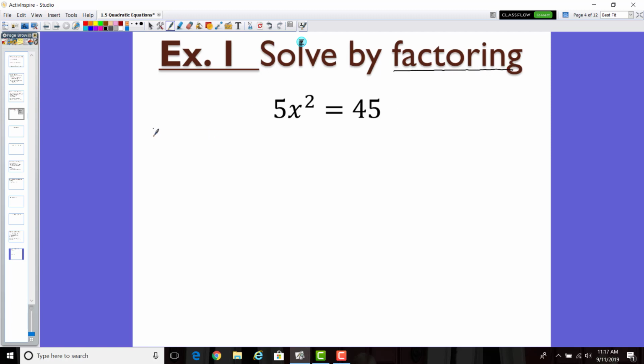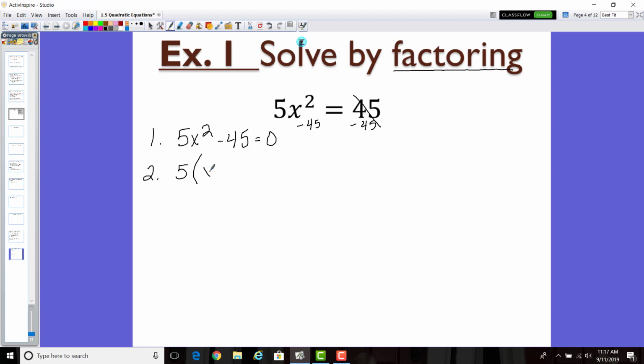Okay, so I'm telling you to solve by the factoring method. Remember, step 1. One side has to equal 0. So since 5x squared is positive on the left, I'm going to subtract 45 to make the right side equal to 0. Step 2, I'm going to factor that equation. Well, this has 2 terms. They're not the difference of 2 squares, so if it can factor, the only thing I can do is take out a 5.